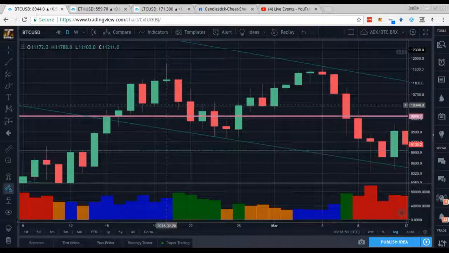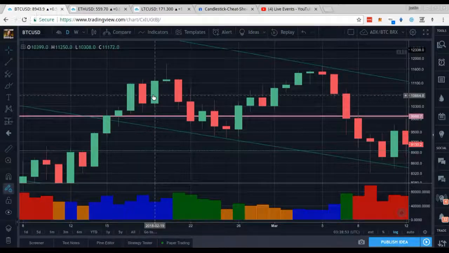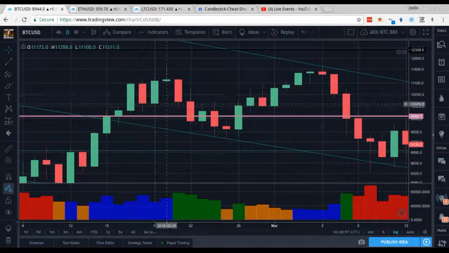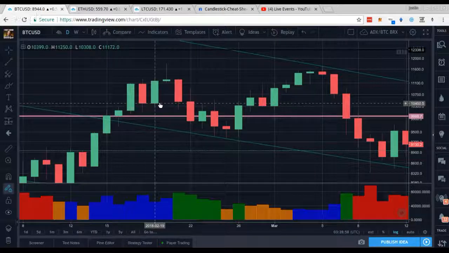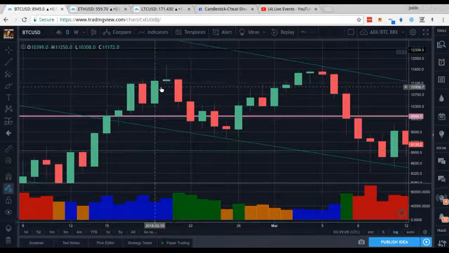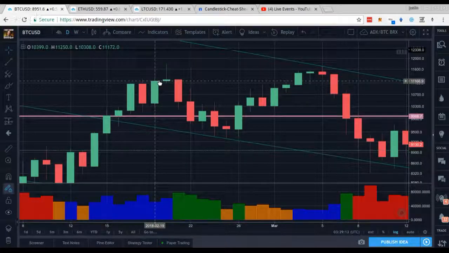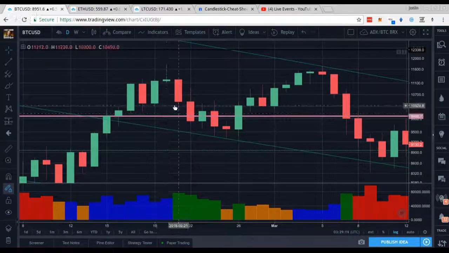So what that means is that on this day, the 19th of February in 2018, price opened at $10,400, and it rose and closed the day. It means the first price it traded at on this day was $10,400, and the last price it traded at on this day was $11,166. Makes sense. All right, cool.